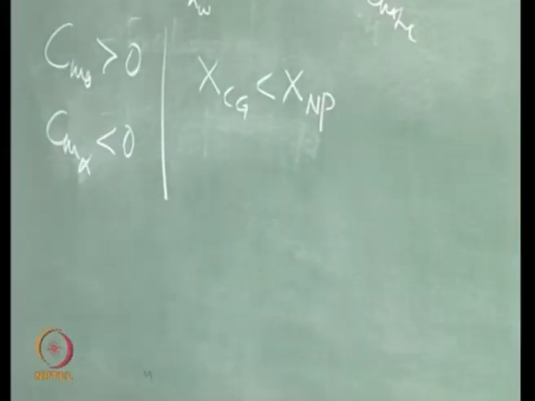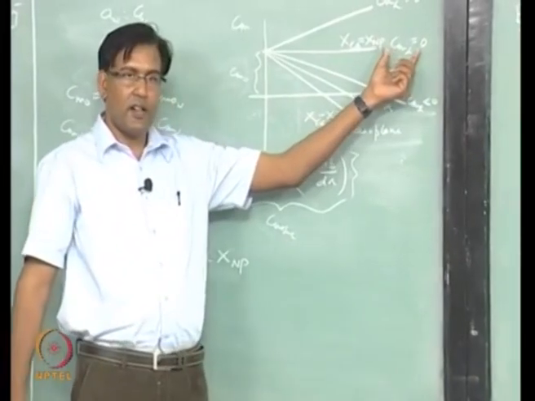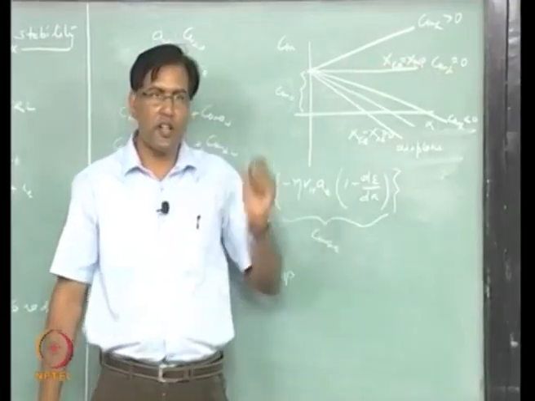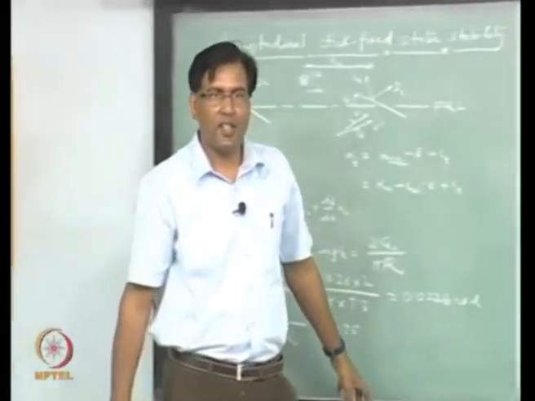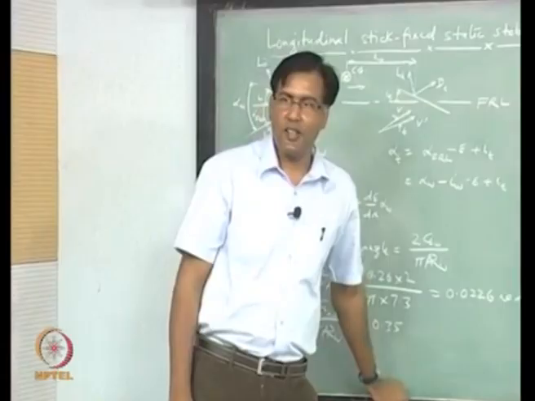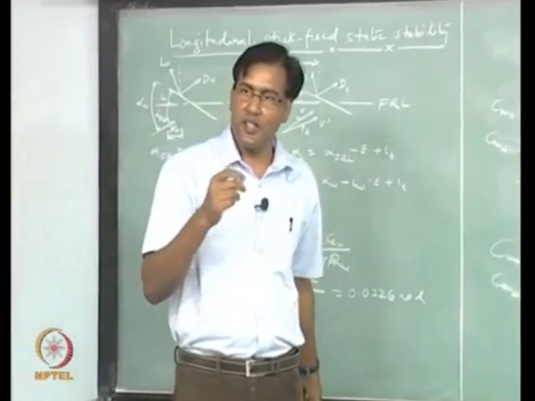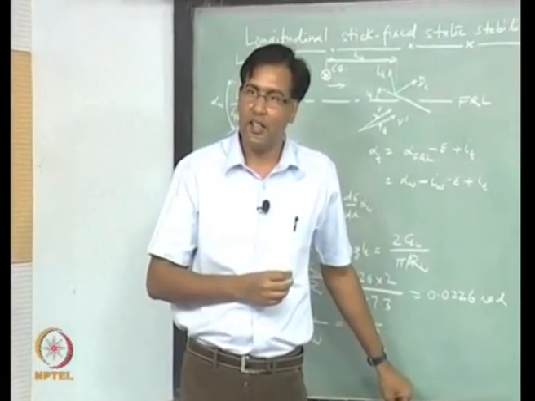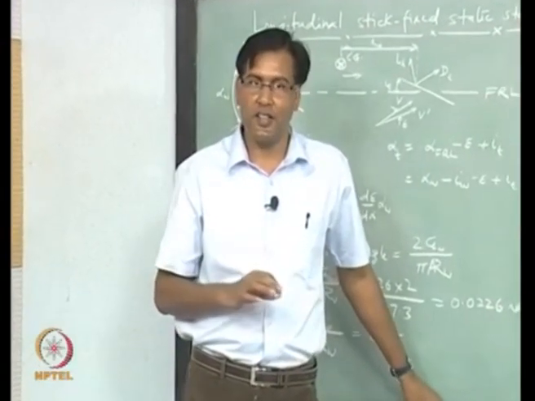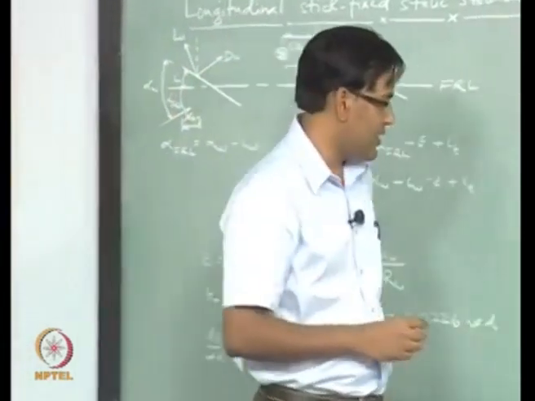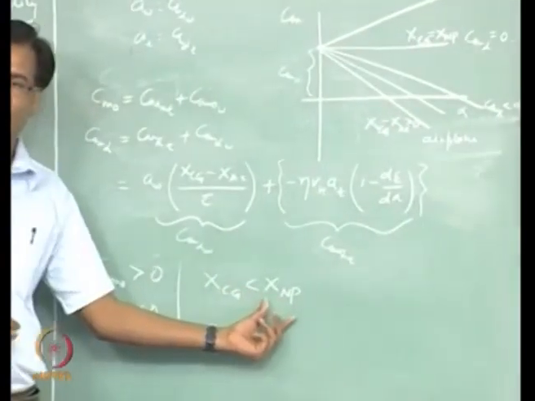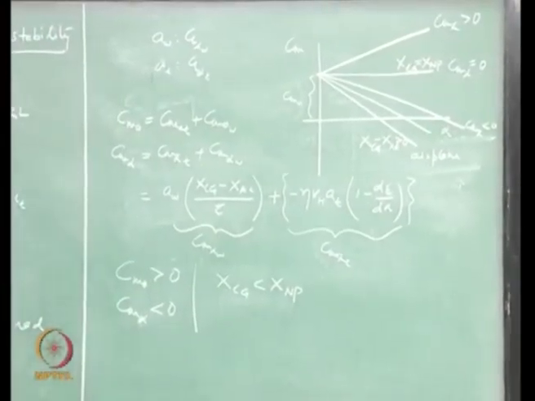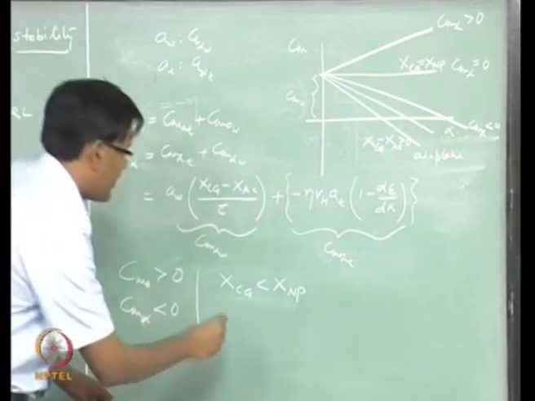From the definition of this neutral point, CM alpha has to be 0. So, you want to give it any other name? What do you call that point about which there is no change in pitching moment with respect to change in angle of attack? Aerodynamic center, right. So, the neutral point location on the airplane is also the aerodynamic center for the whole airplane, right.